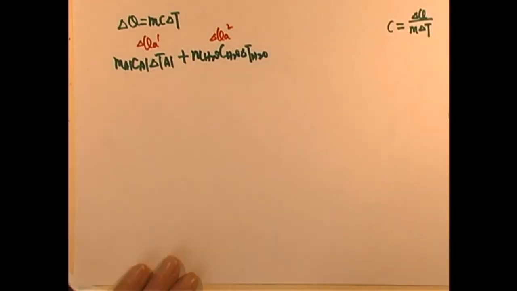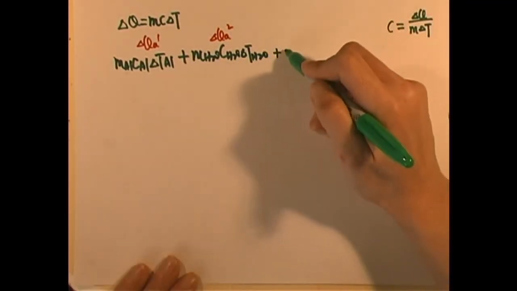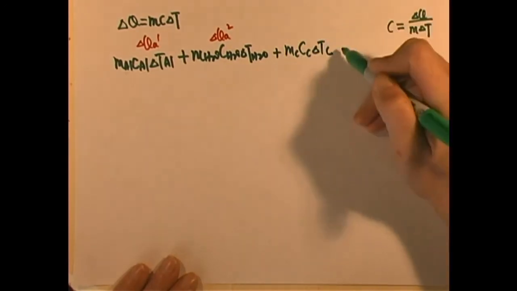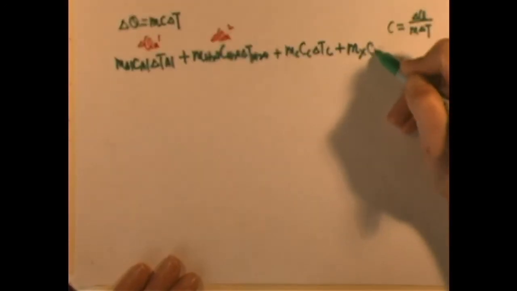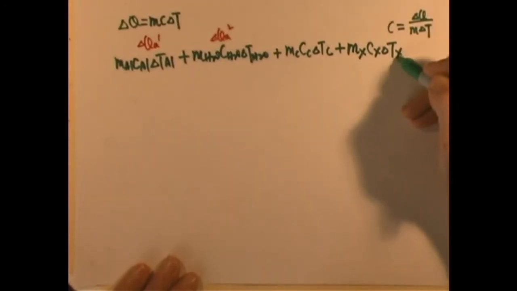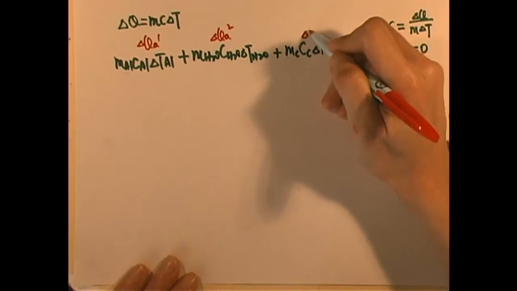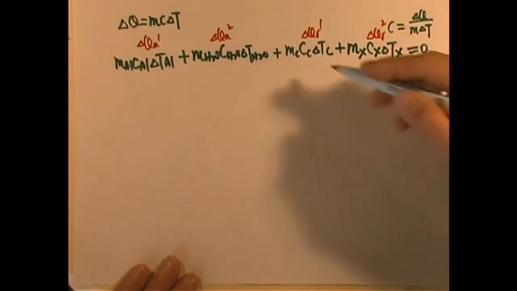We expect both to turn out positive. And we have the copper: mass of copper, C of copper, delta T of copper, and the unknown substance, mass of unknown, C of unknown, delta T of unknown, equal to 0. That is conservation of energy. This term is delta Q released 1, this is delta Q released 2, and we expect both to turn out negative.